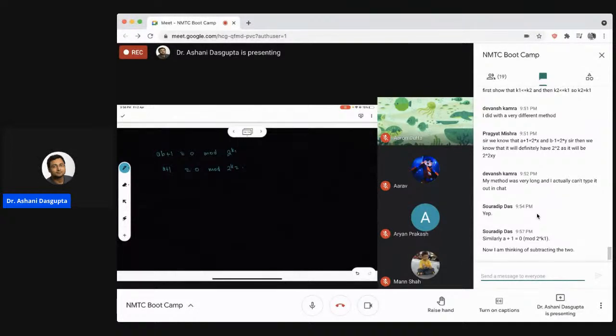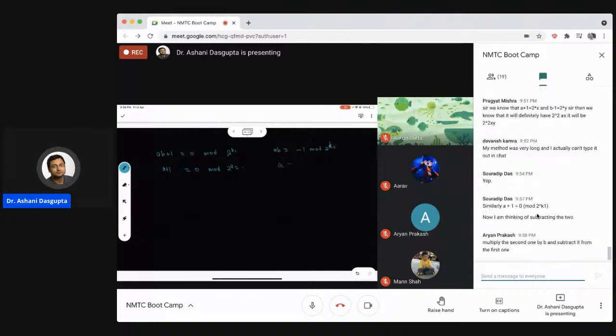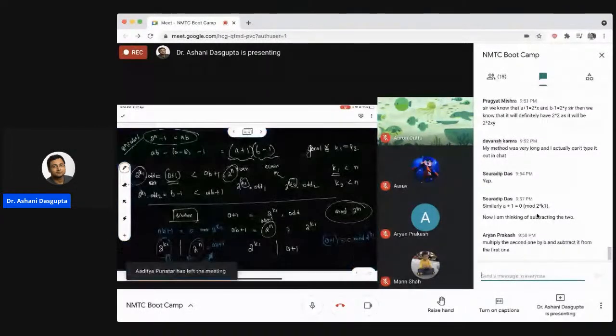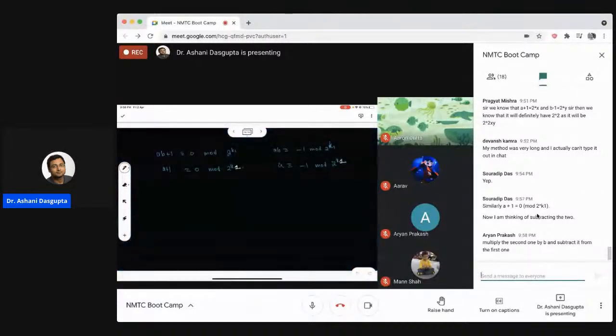Well, there is something funny here. You see, ab is congruent to minus 1 mod 2 to the power k1, and a is also congruent to minus 1 mod 2 to the power k1. Sorry, everything should be k1 here. So the second equation was like this: b minus 1 is 2 to the power k2 times odd.